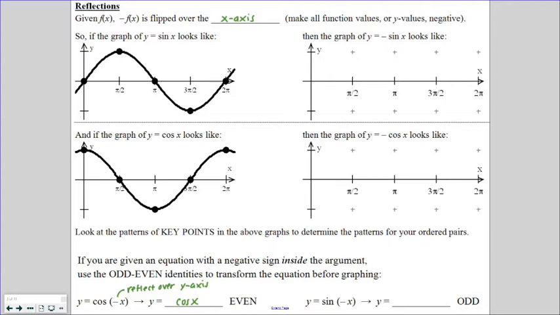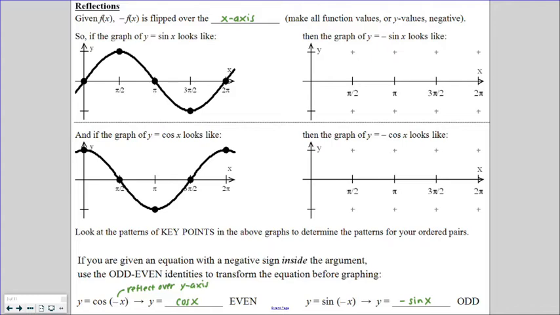So cosine is even. The negative on the inside doesn't matter. We can just get rid of it. That comes from one of the identities. Similarly, sine, if we were to reflect sine over the y-axis, we would get the same graph as if we were graphing negative sine x, a reflection over the x instead. So we're really just going to focus on reflections over the x-axis. We'll apply the even or odd function properties if we need to in order to pull the negatives out or get rid of them depending on if we've got sine or cosine.